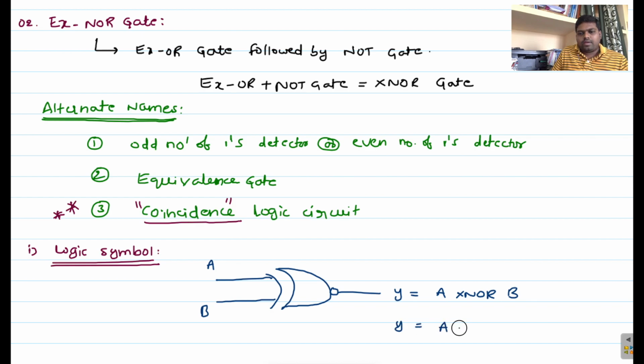a XNOR b. So XNOR symbol is what? Dot encircled. So this dot encircled can be used for XNOR notation. Otherwise you can treat it like this also: y equals a XOR b whole complement, no problem. Why? Because this is XOR gate followed by NOT logic.